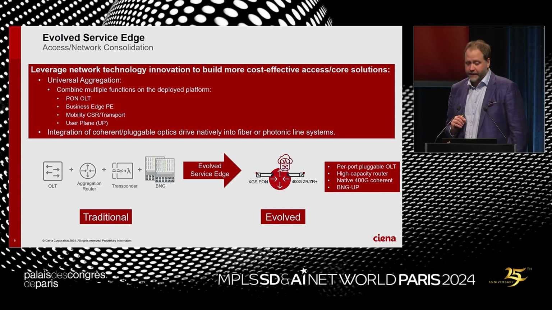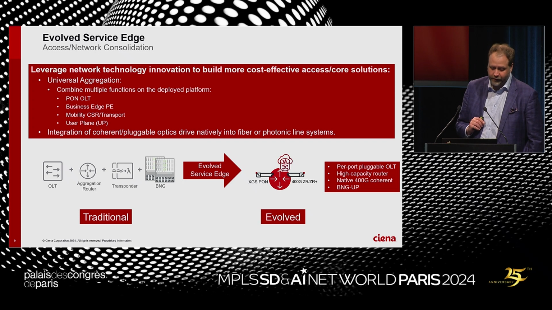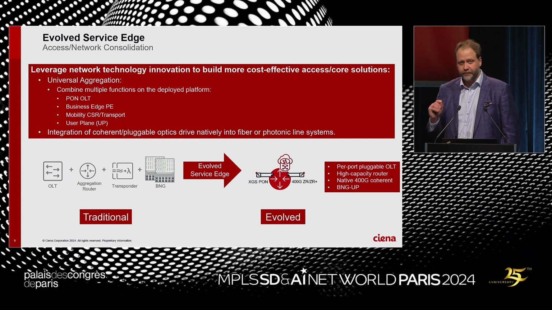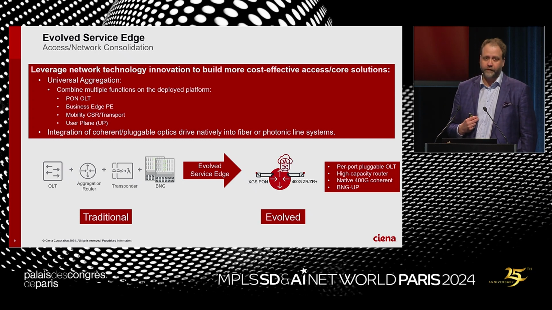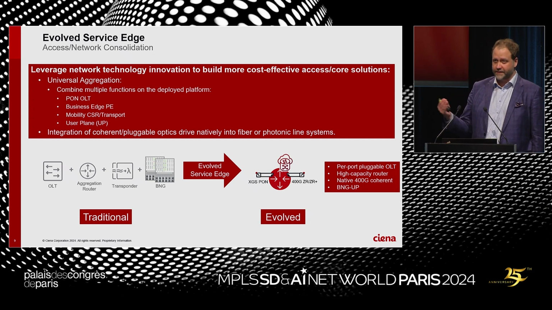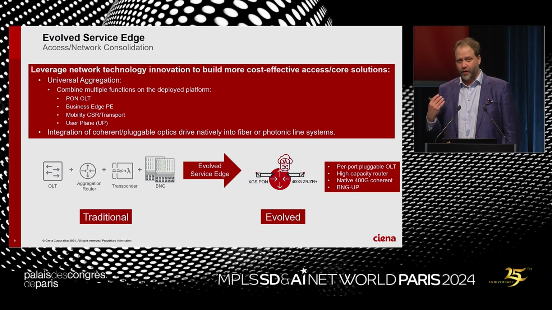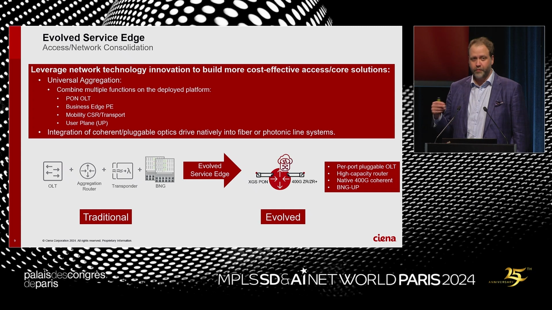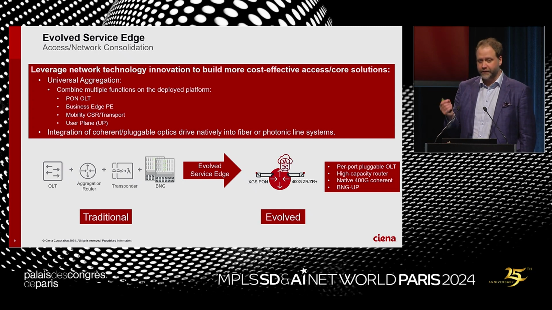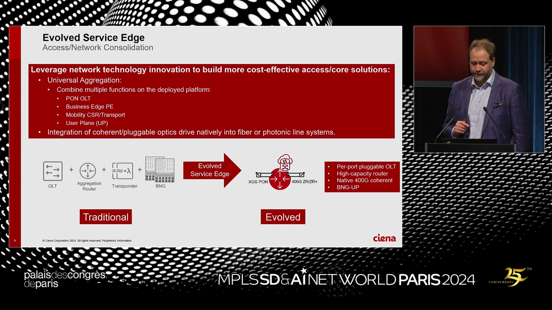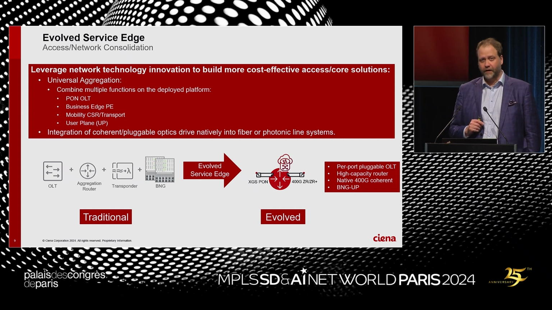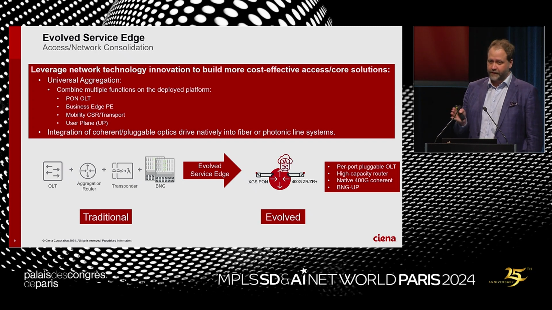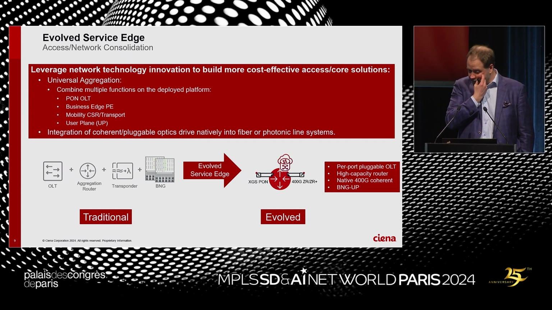And the final bit is around integrating coherent and pluggable optics where required to drive natively into fiber or photonic line systems. The reality is as we pull things like dedicated transponder shelves out of the network, the capabilities of those plugs that you're putting in should be able to drive directly into the existing photonic line systems, be tunable as they would need to be to fit into either a fixed or a flex grid photonic line system.